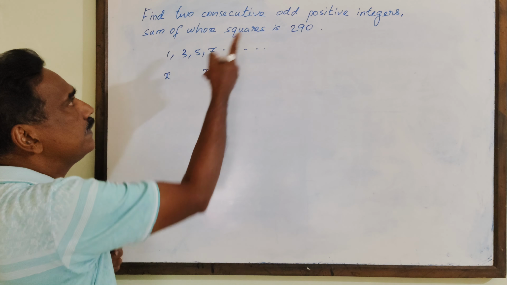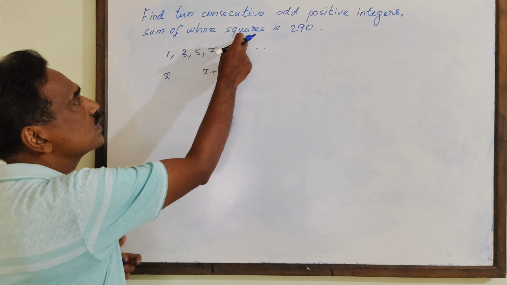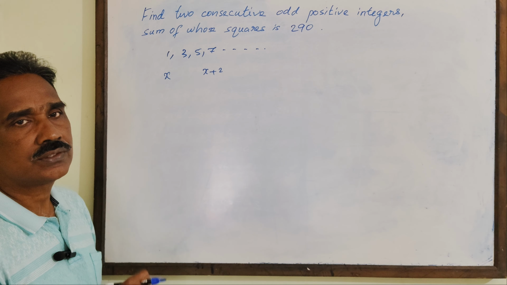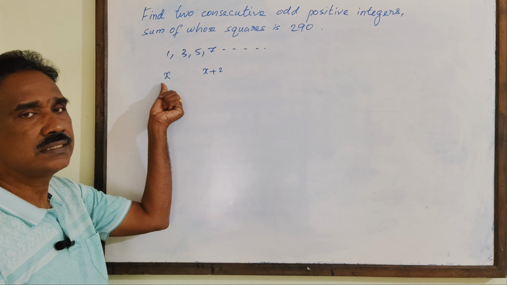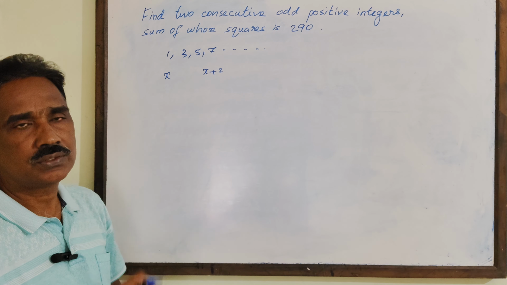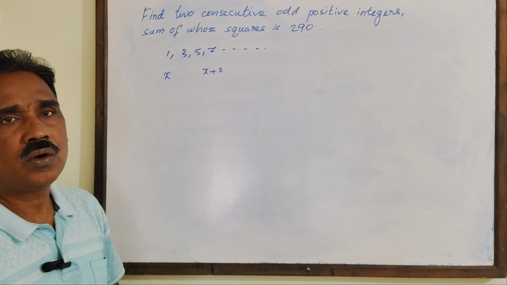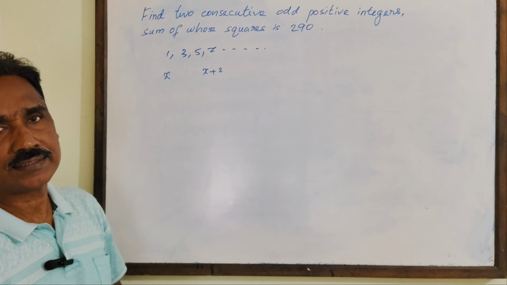Now, as per the question, you are given the sum of whose squares is 290. So you have assumed the numbers are consecutive integers x and x plus 2. So you have to write earlier, let x and x plus 2 be the odd positive consecutive integers.